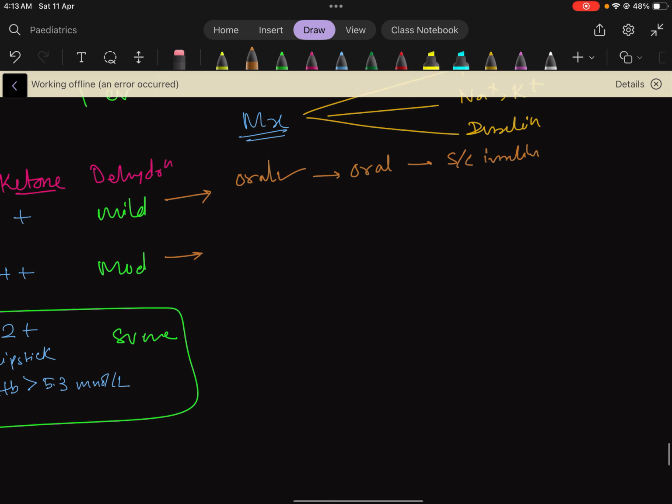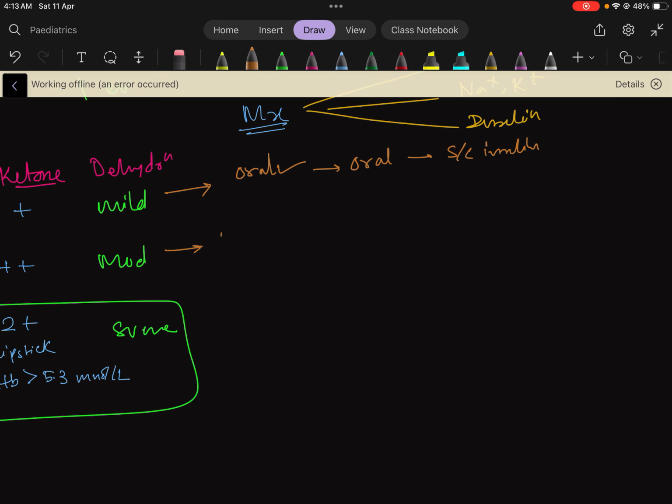In case of moderate, oral fluids will not be tolerated. The patient will be in shock, and of course there will be signs and symptoms of dehydration plus vomiting. Then we are seeing sunken eyes, then drinks eagerly, then the skin turgor, dry mucous membrane, everything will be present.